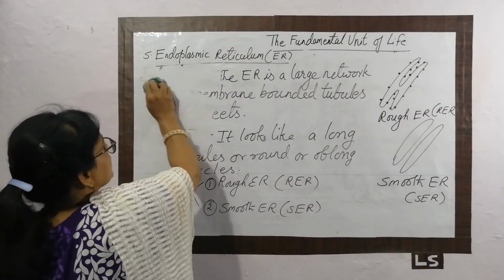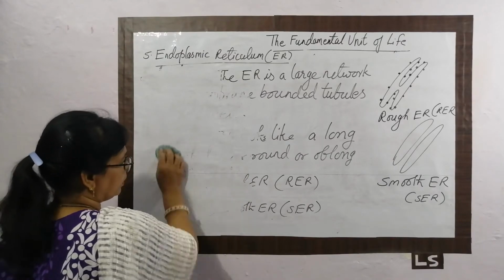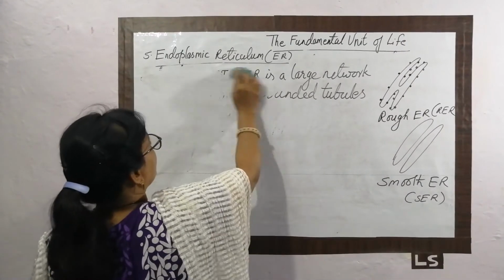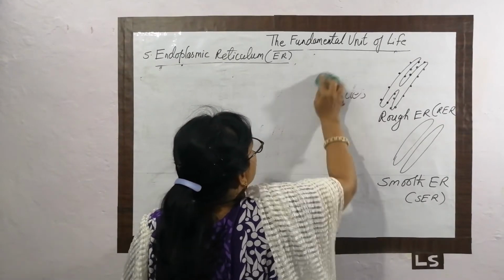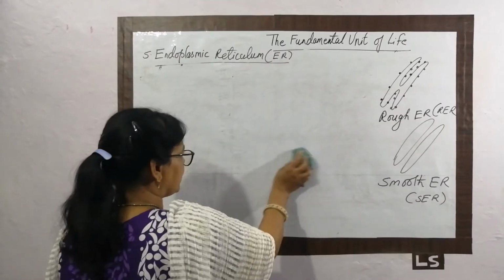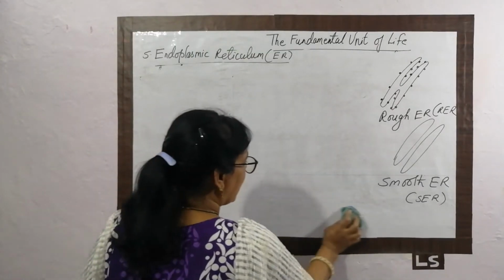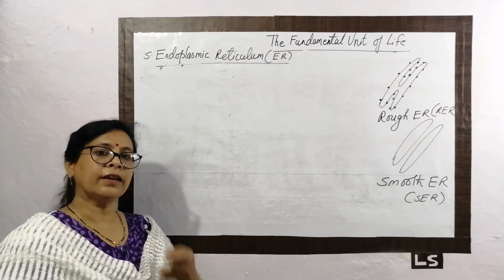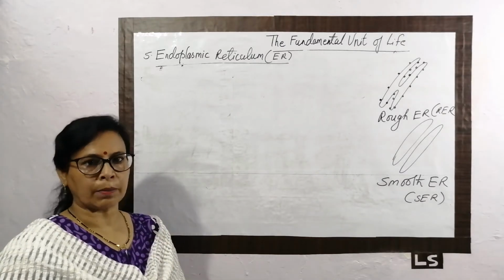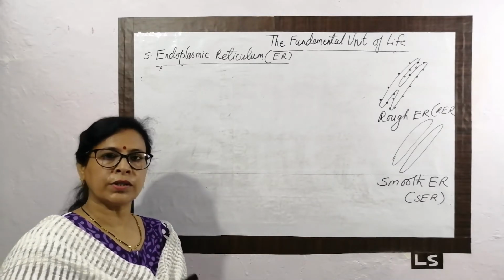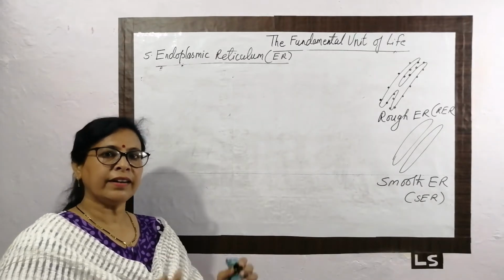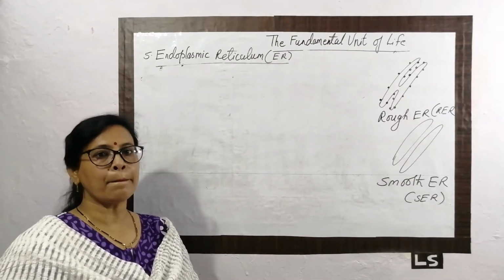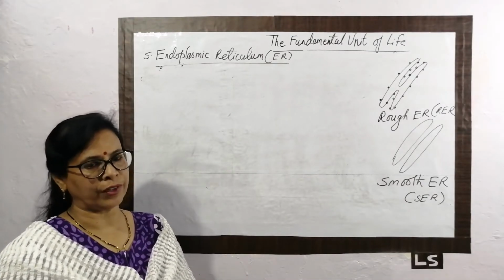What are the works that are performed by endoplasmic reticulum? Endoplasmic reticulum is actually a pathway. Let us suppose you have to transport some substance from your home to a nearby city. अगर आपको आपके घर से आपके पास वाले सिटी में कोई सामान पहुंचाना है तो आपको क्या चाहिए? एक रास्ता. उस रास्ते के थ्रू आप उस सामान को उस एक डेस्टिनेशन से दूसरे डेस्टिनेशन तक पहुंचा सकते हो. That रास्ता is the endoplasmic reticulum in the cell. So it is only a pathway of transporting the substance.